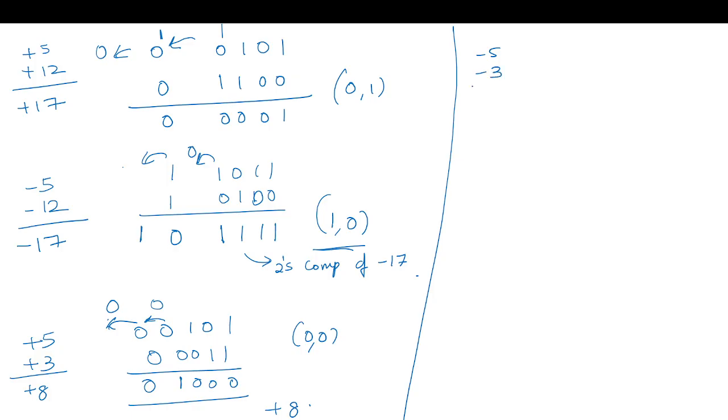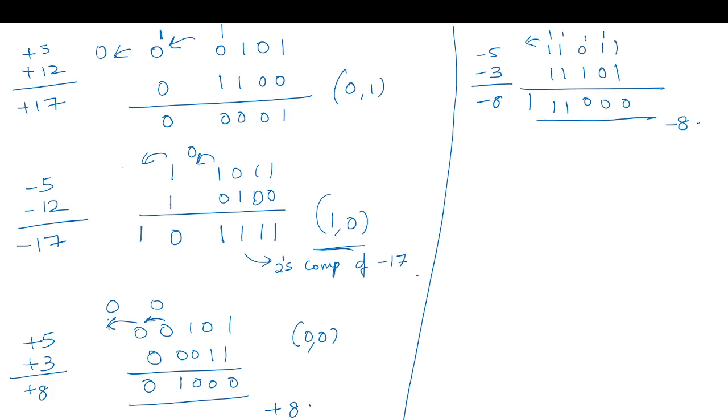Minus 5 minus 3 gives the answer minus 8. So this is minus 5 minus 3. This is 1, 1, and the carry outside is also 1. So this is equal to minus 8.